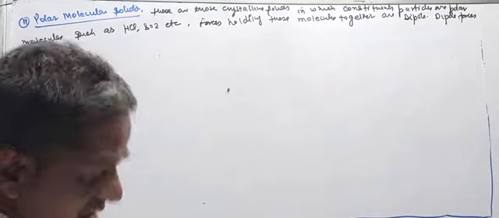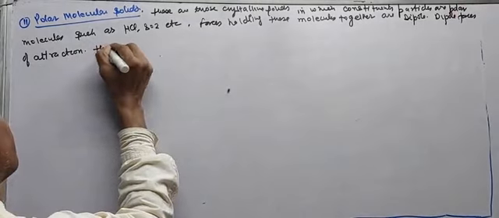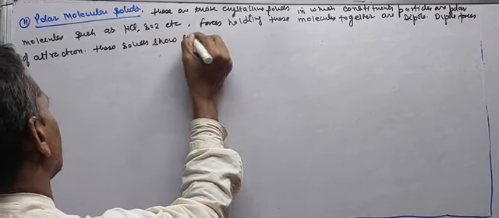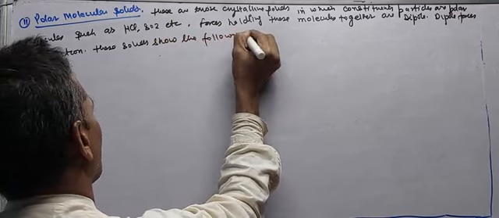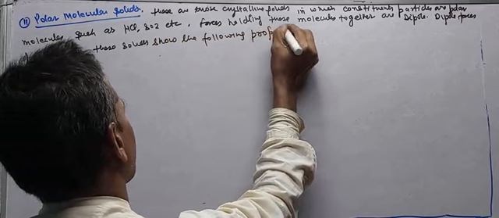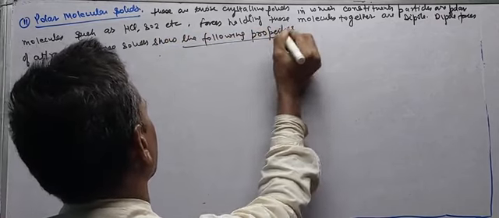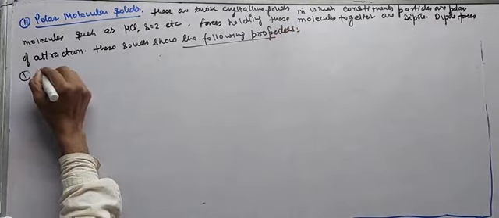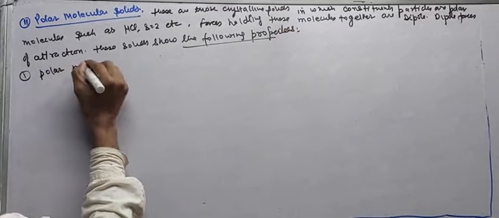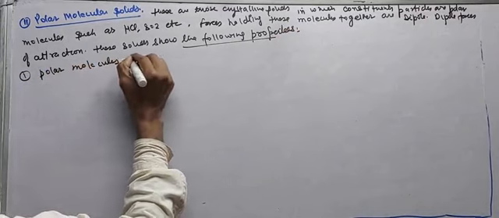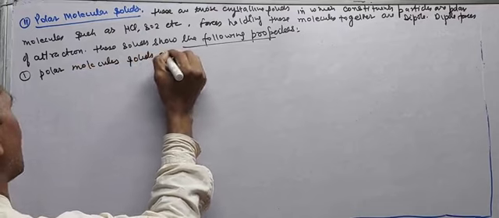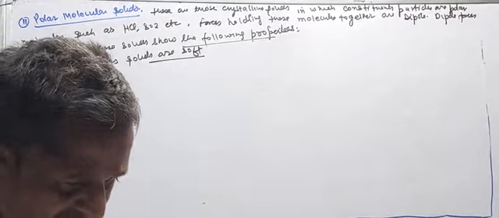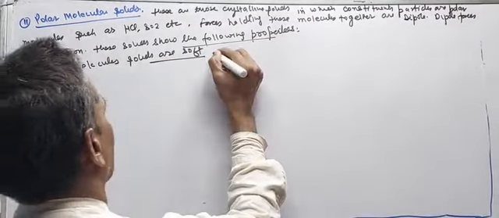These solids show the following properties. इनके अंदर ये निम्नलिखित विशेषताएं होती हैं. नंबर फर्स्ट, polar molecular solids are soft. They are non-conductors of electricity.